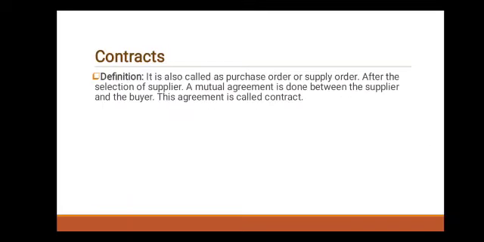Next point, contracts. Definition of contracts. It is also called a purchase order or supply order. After the selection of the supplier, a mutual agreement is made between the supplier and the buyer. This agreement is called a contract. The buyer places an order with the supplier to buy the specific products.